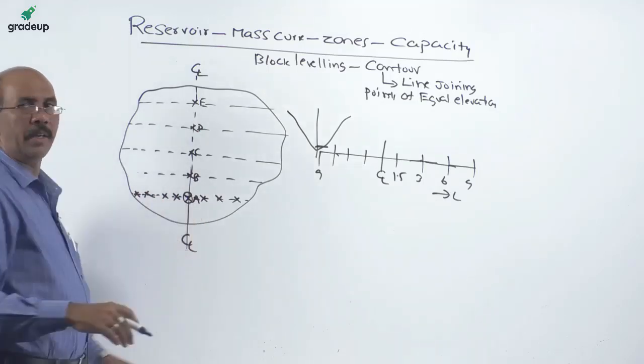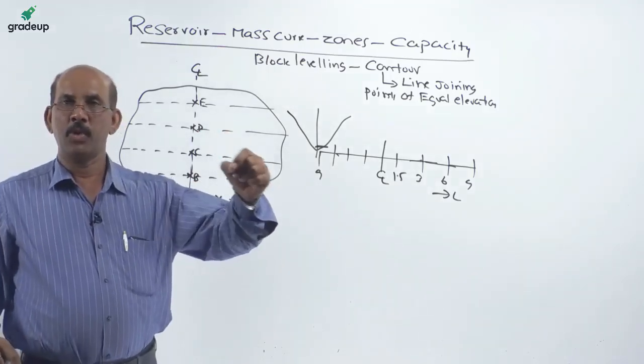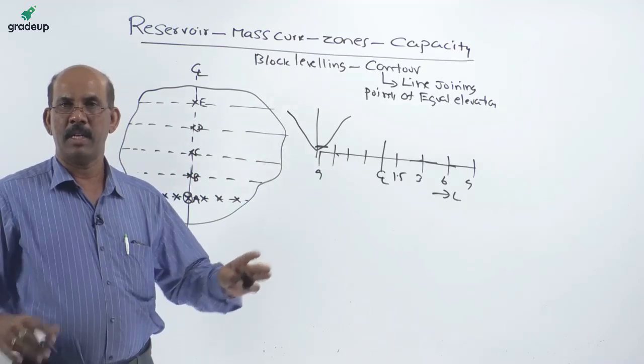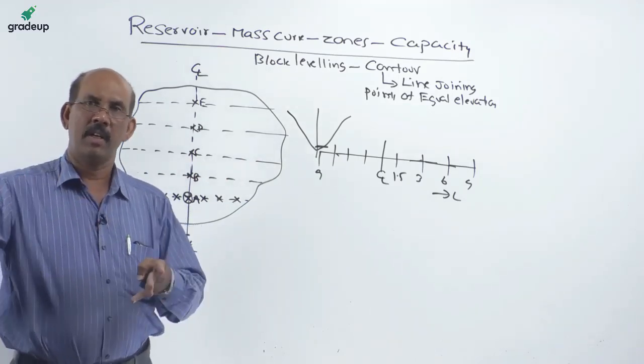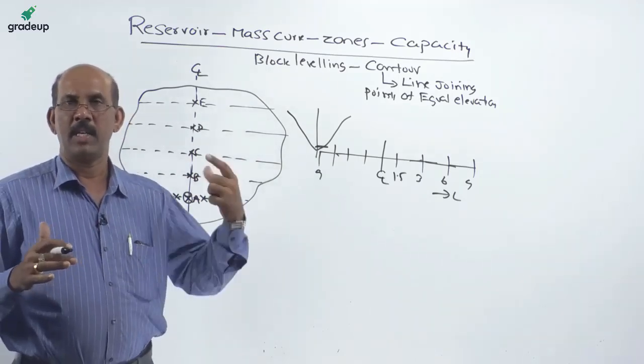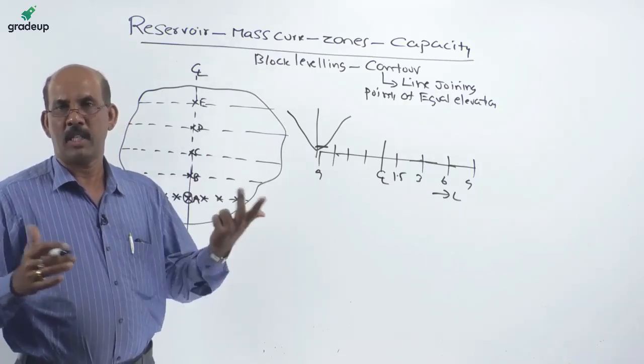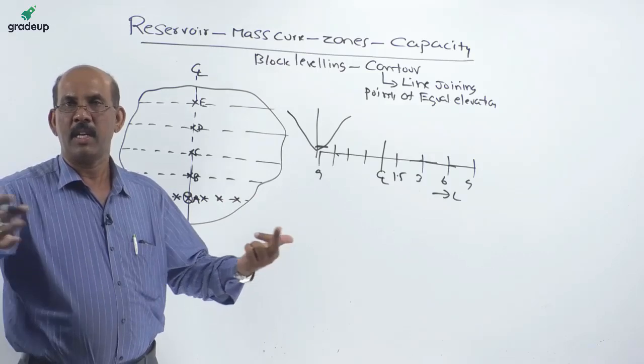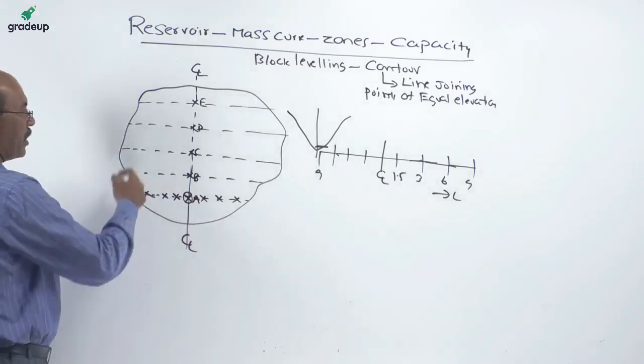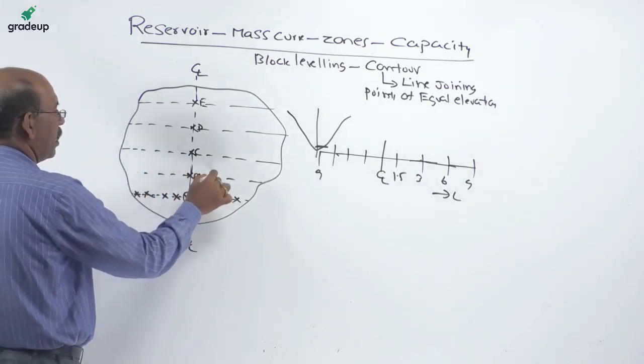And you can, using your leveling method, that is the height of instrument method or the rise and fall method, either using the theodolite or with reference to a dumpy level or the total station today, estimate the entire area like this.